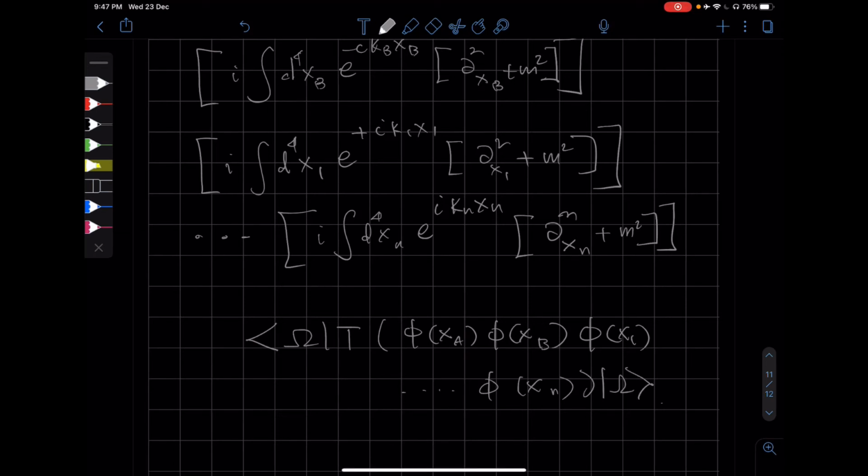And this is the result that we were trying to prove. This is the LSZ theorem.